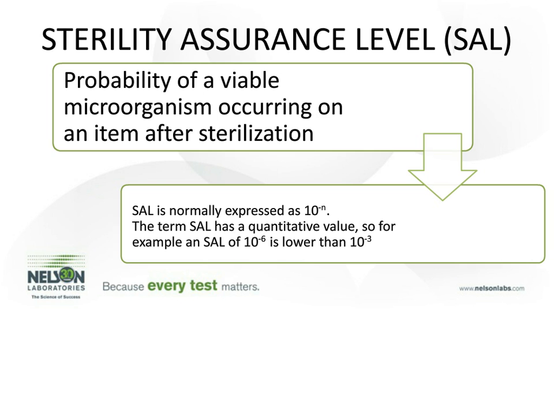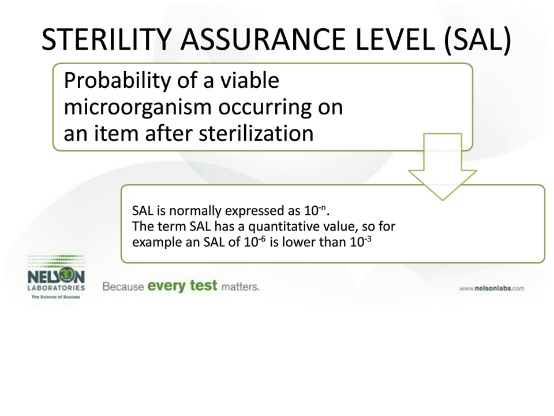The example that we have down below is that it is a quantitative value. So common industry practice is sterilizing to a sterility assurance level of 10 to the minus 6, but that number is actually lower than a 10 to the minus 3. So that is a concept that you need to be aware of.